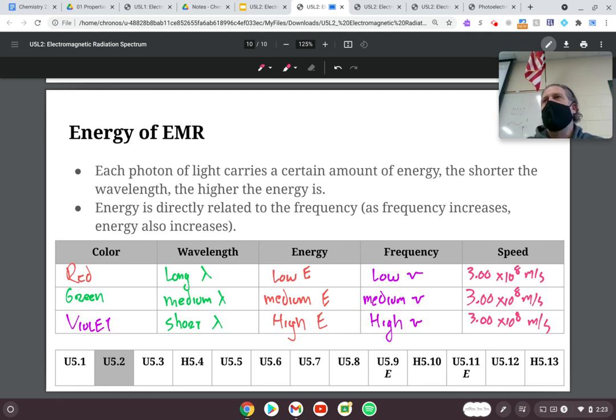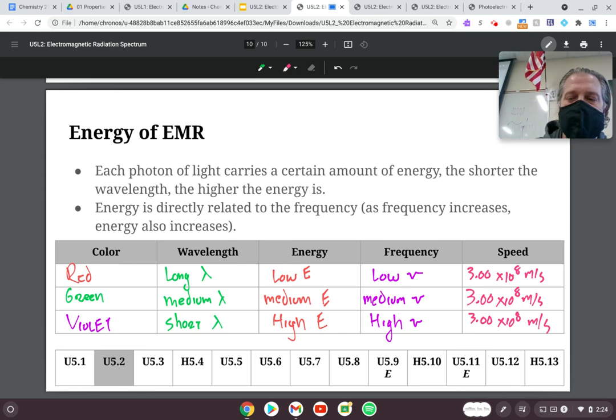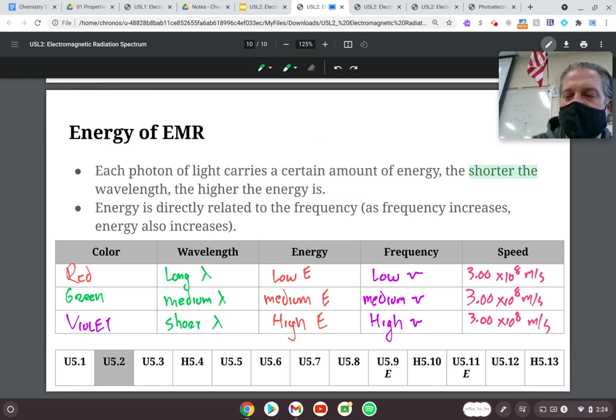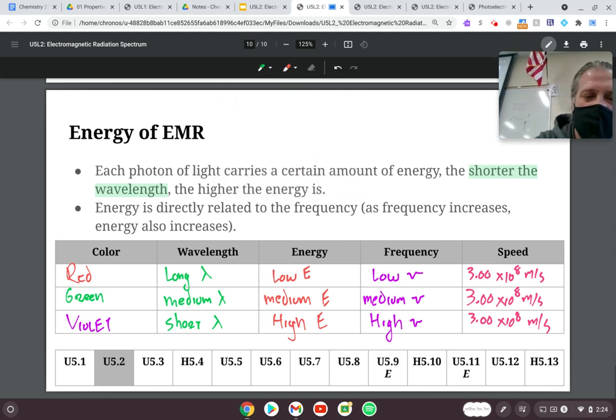Now, what you need to be able to tell me is that for a photon with a specific amount of energy, the shorter the wavelength, the higher the energy.